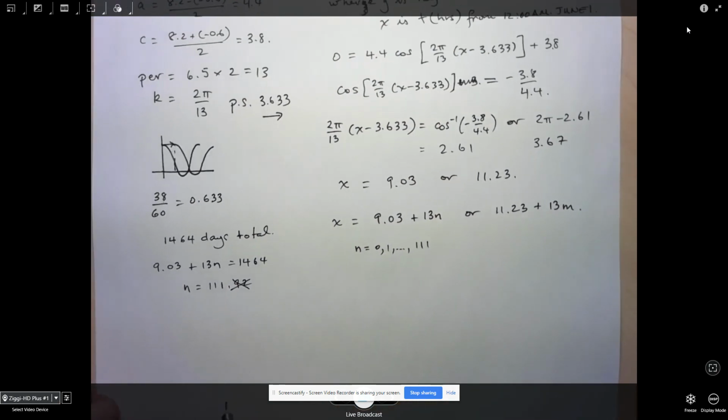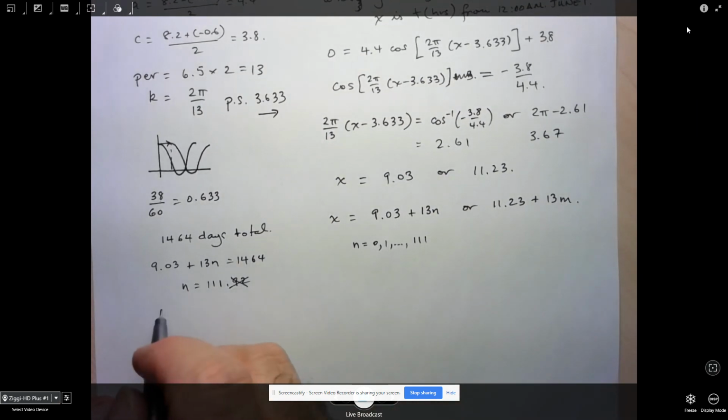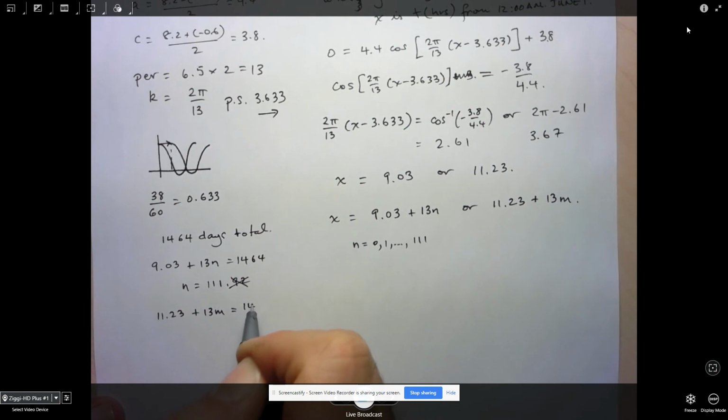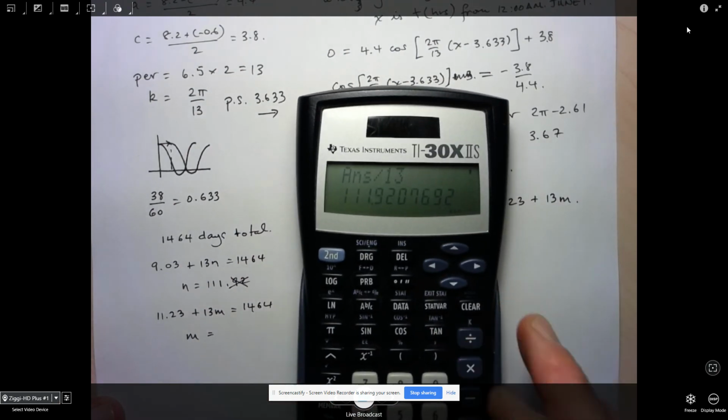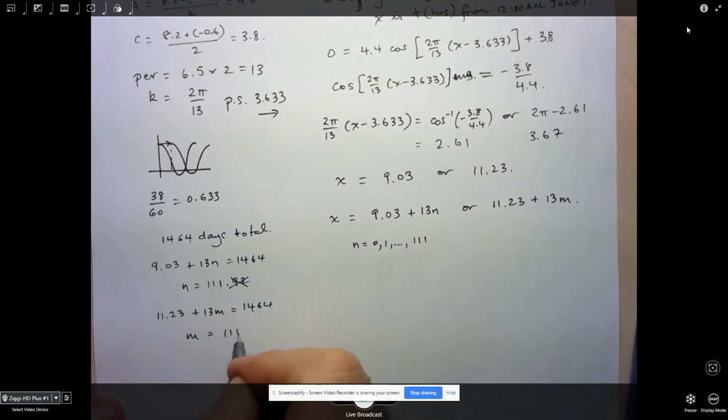And we shouldn't assume that it's going to be the same for m, so we should definitely calculate it. All right, so 11.23 plus 13m equals 1464, and so m is going to be equal to 1464 minus 11.23, and then divided by 13, and that's again 111.75.